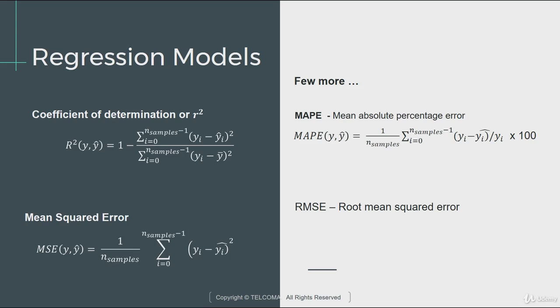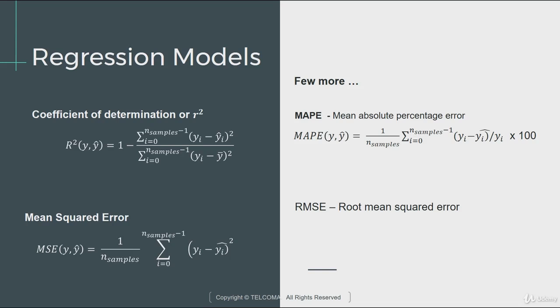Similar to mean squared error, there are a couple of other ones. MAPE, that is mean absolute percentage error. Pretty much from the name itself, we can understand what this amounts to. You're taking the absolute percentage error, and then you're taking a mean of that.